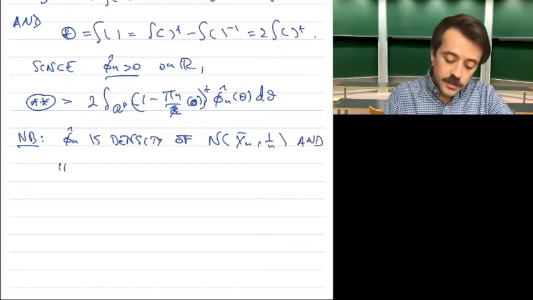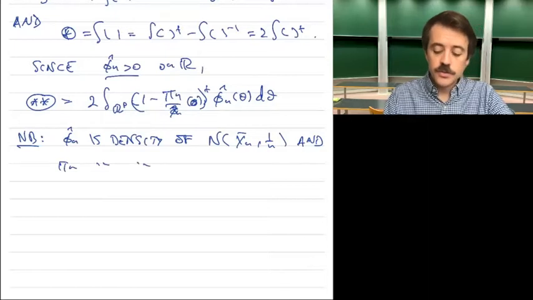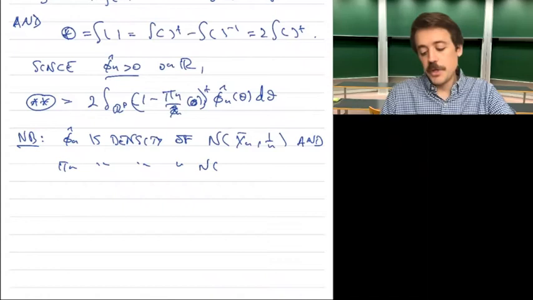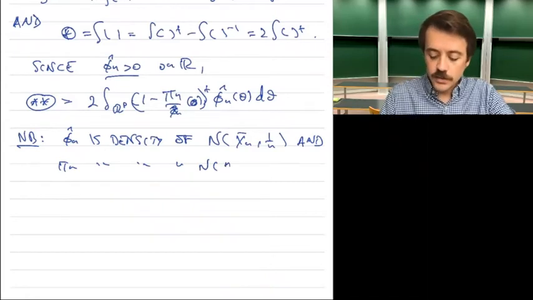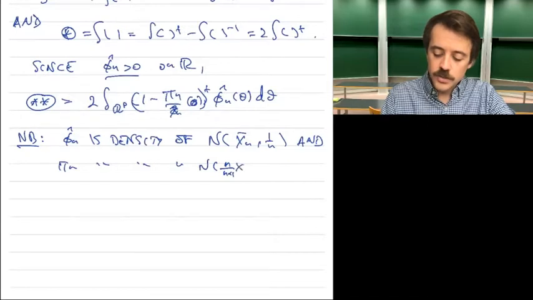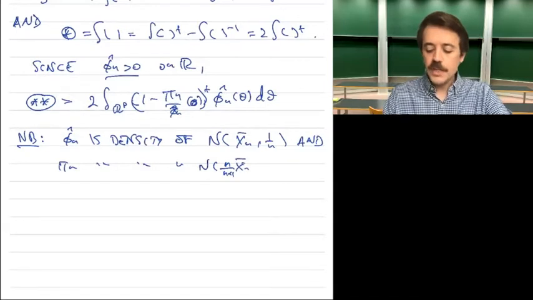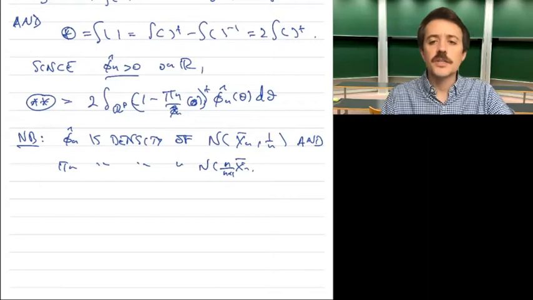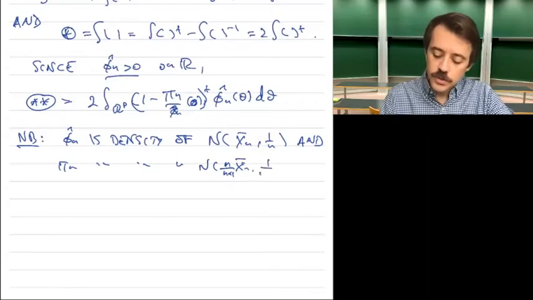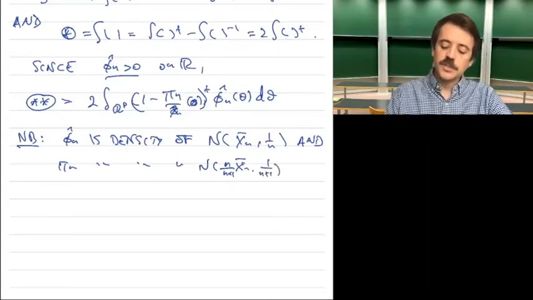And pi n is also the density of a normal distribution, but there was a little difference: we had to have an n+1 in the denominator, and so we multiply by n and divide by n+1, and there was a similar thing going on in the variance.